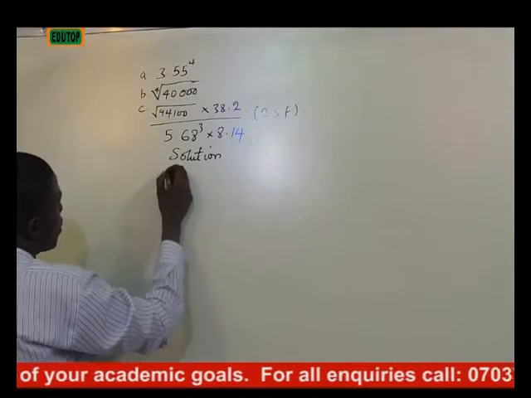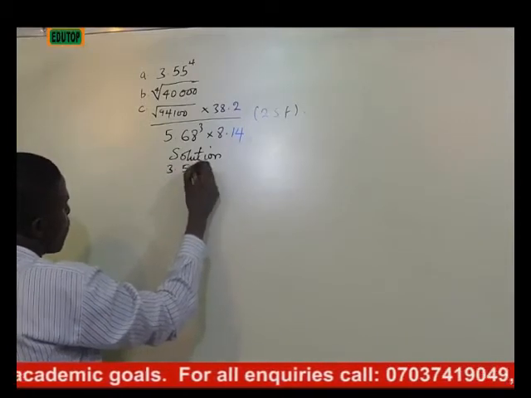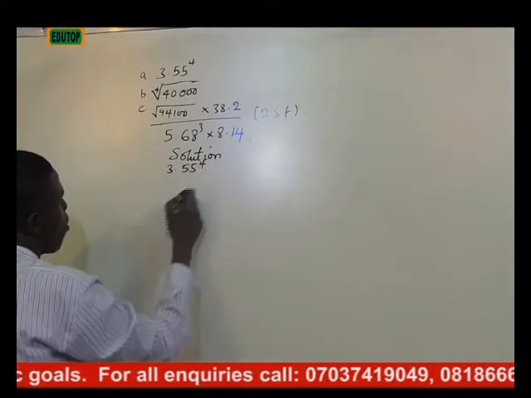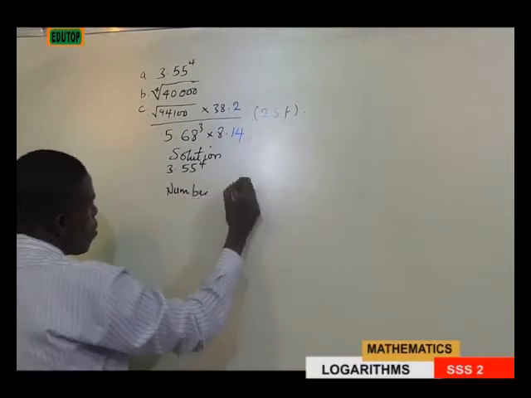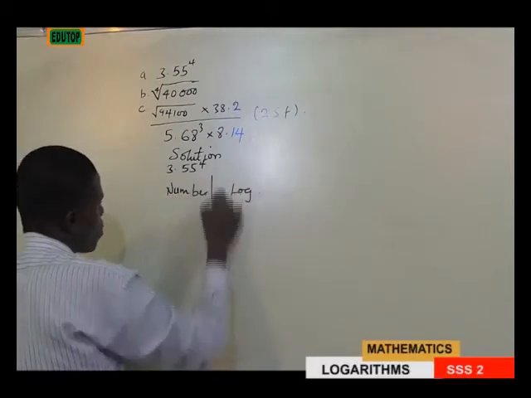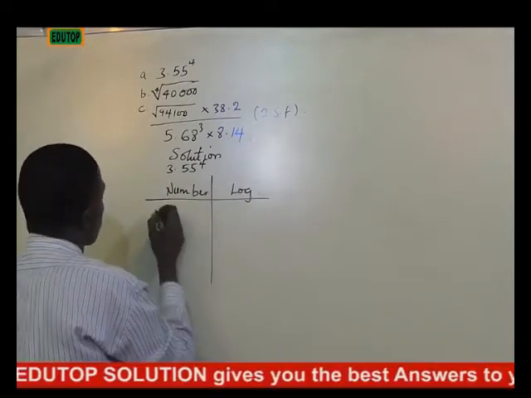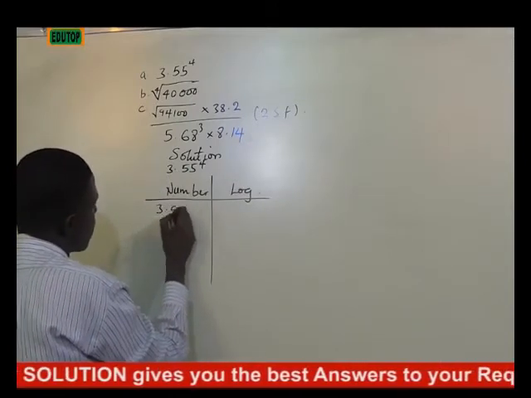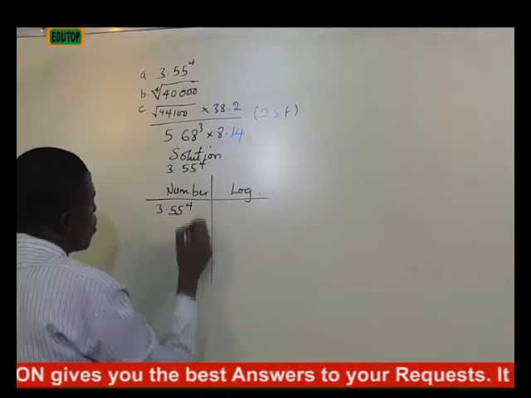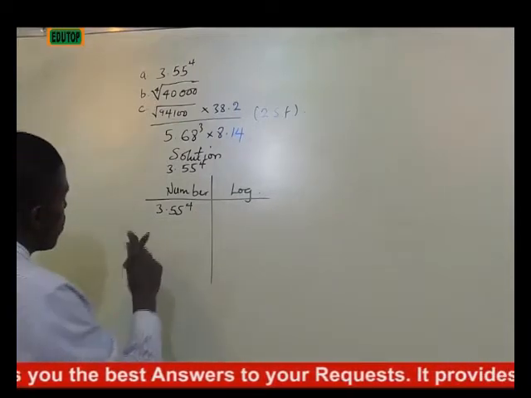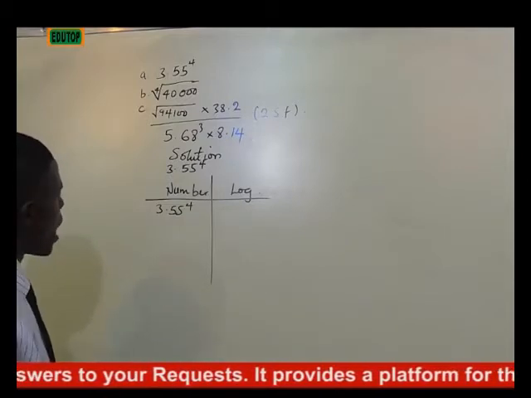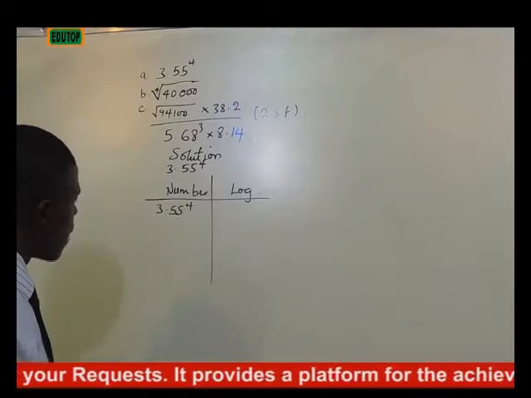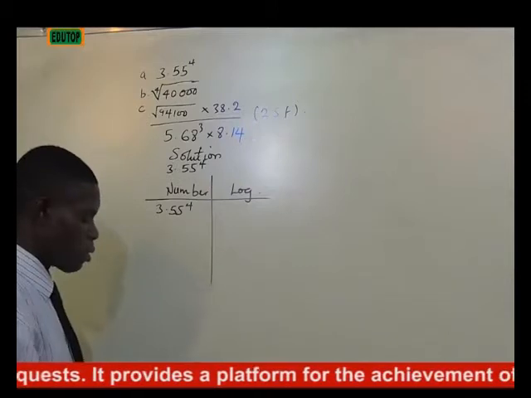We have 3.55 raised to power 4. So number log reading. What we do here is we look for the logarithm of this number and we now multiply the value by 4.